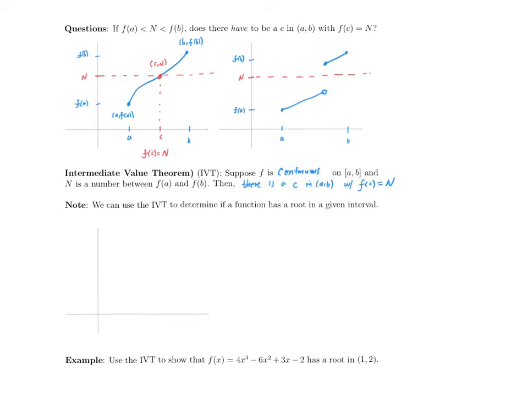And one thing I want to note immediately before going any further, this is extremely important. Whenever we use the intermediate value theorem, we have to be very careful to verify and state that this continuity hypothesis is satisfied. And let me go ahead and write this down.